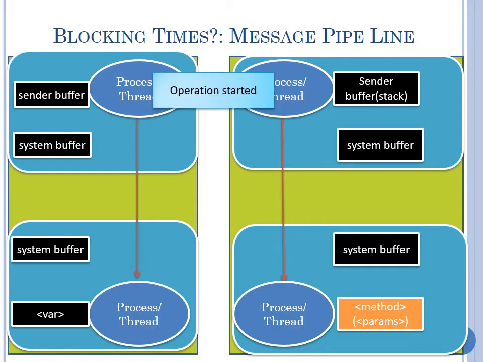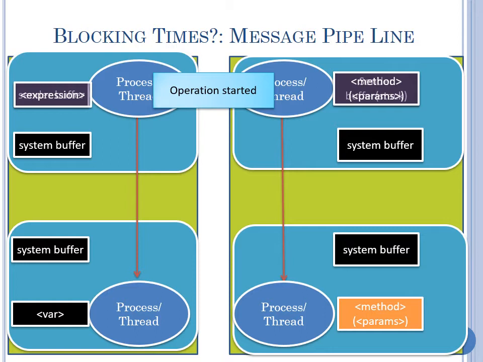When the operation starts, the expression is computed and put into some data structure of the application. And if that is a method request, then the message gets put again in some application data structure, and it just happens to have a different format. It's intended to be a request rather than an expression.